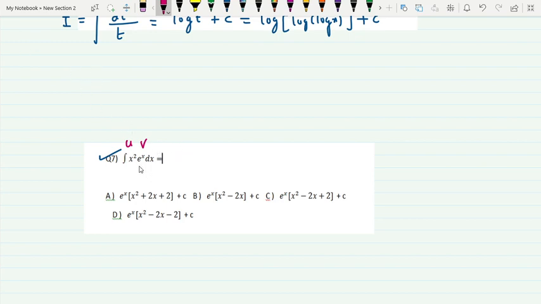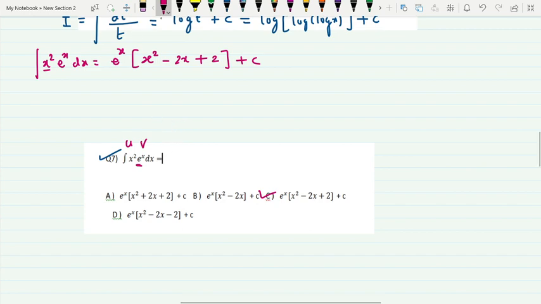If such type of e raised to power x is there, you may write it as integration x square e raised to power x dx is equal to e raised to power x into x square then minus its derivative 2x then plus its derivative 2. Yes, done. So in short we can do like this. Or e raised to power x times x square minus 2x plus 2. C option is the correct option.